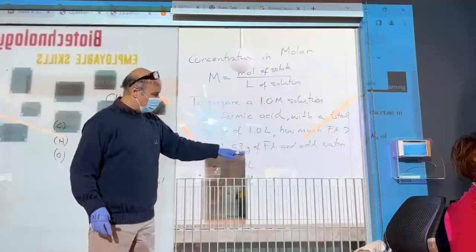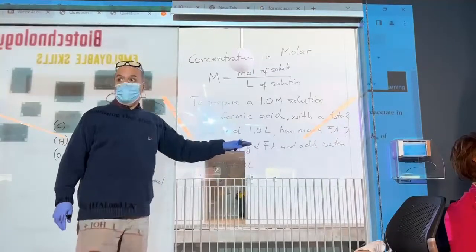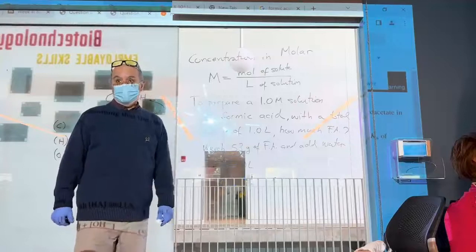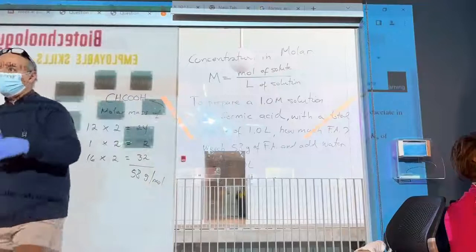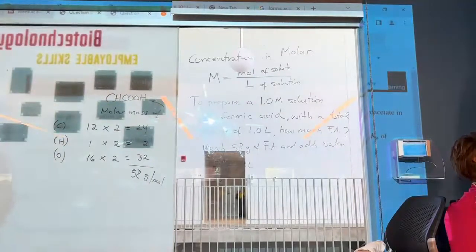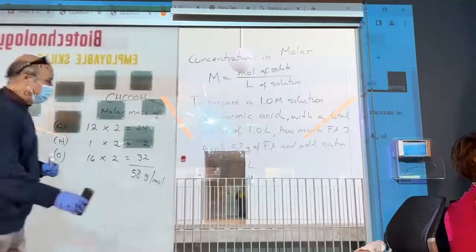Yes, you need half of this in half the amount of water. So 58 times 0.5 will give you the amount, and then you add water to 500 mLs and you have a 1 molar solution. Okay, so that's molarity concentration for you.